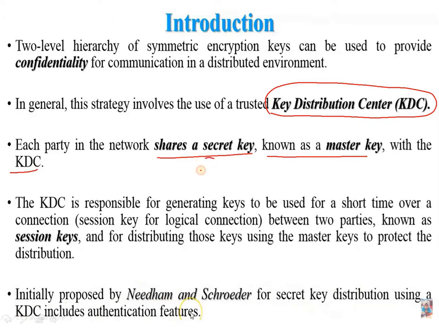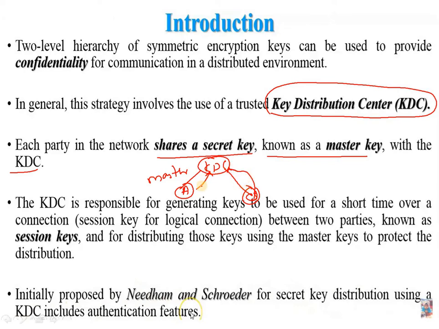Each party in the network shares a secret key known as the master key with the KDC. Consider this is the KDC, and this is user A and user B. These users will share their master keys with the KDC. A will share his master key with the KDC, and B will share his master key with the KDC.